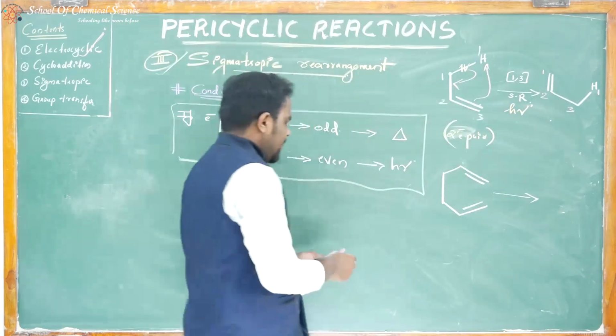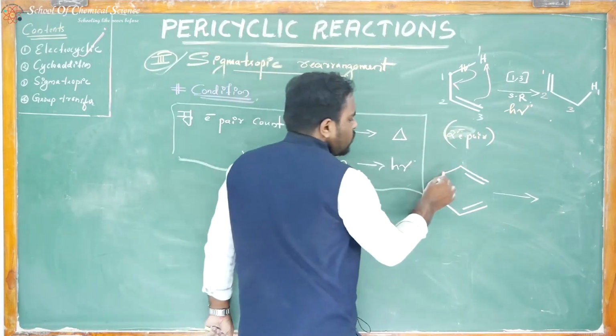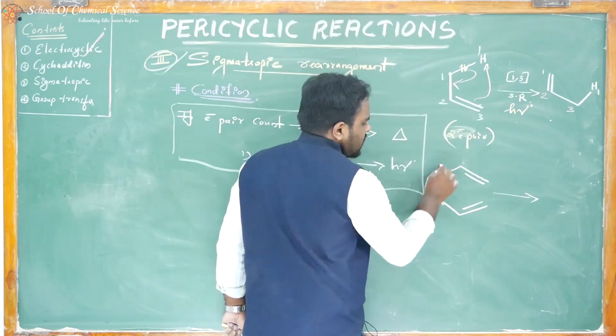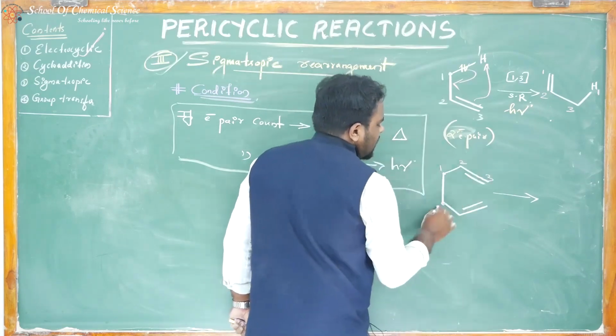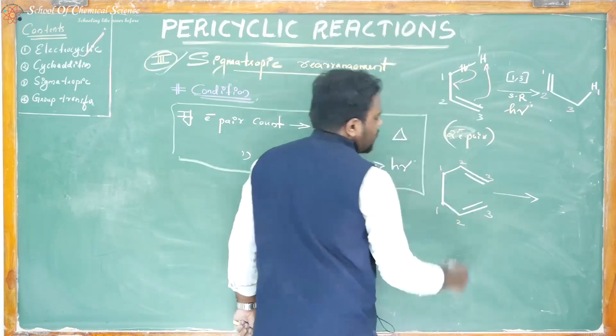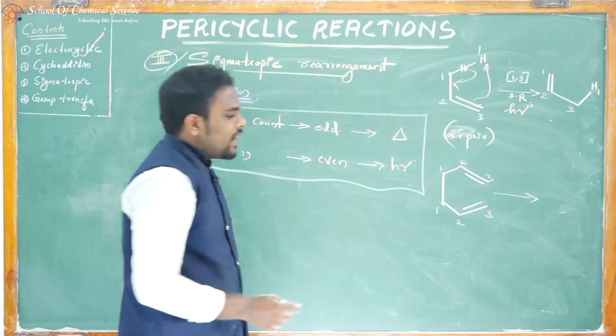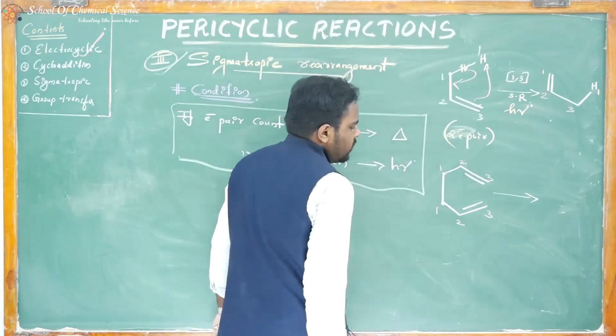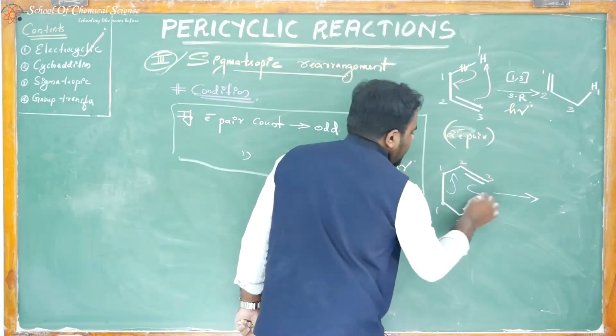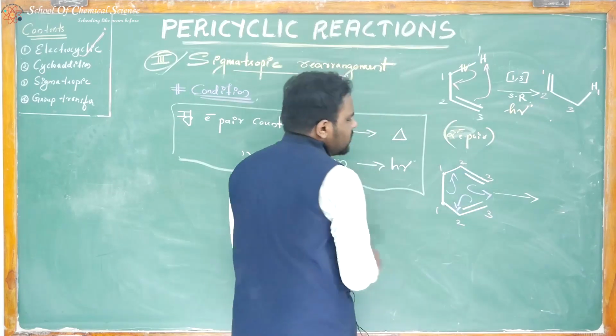Another example. What will be the reaction? 2 allylic carbons are present. 1, 2, 3. 1, 2, 3. What will be the reaction? Breaking of the 1,1 bond. So the 1,1 bond undergoes breaking, and a new sigma bond is formed.